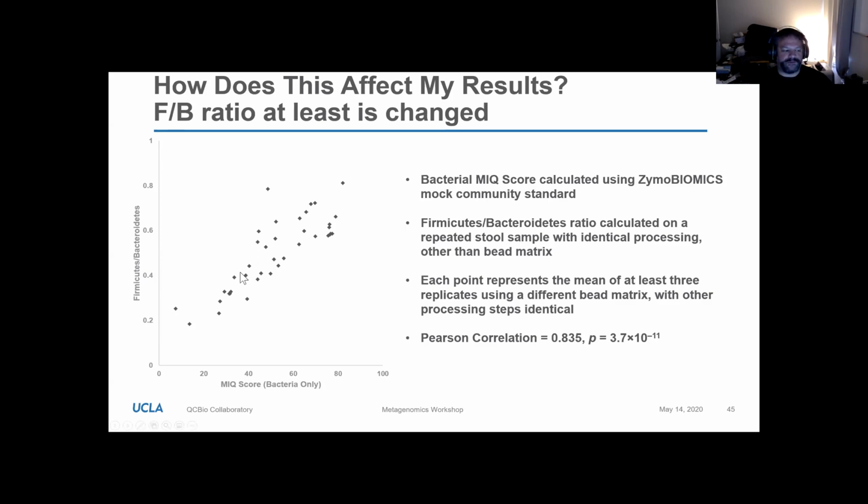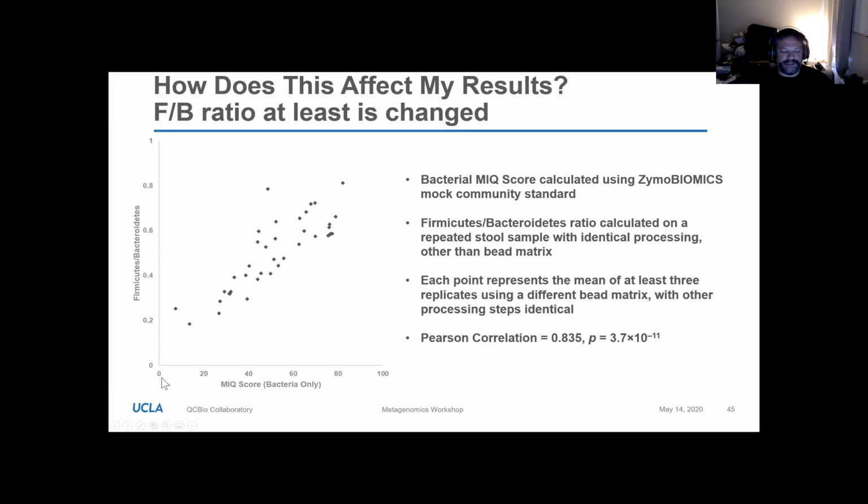This is actually from a really large study we did on a bunch of different beads, some of which I didn't even show in that chart because we even had metal beads included. What we see here, each dot represents a different size and bead combination that was run on an identical lysis protocol. Each dot represents something that was repeated at least 3 times, with the average value being the dot.